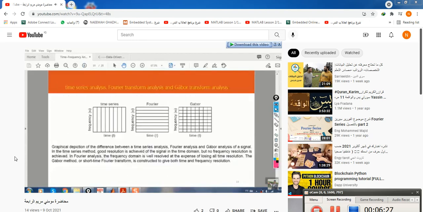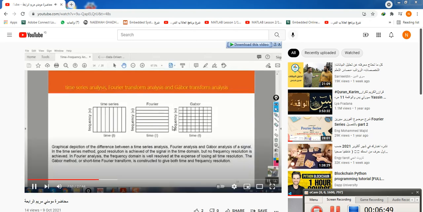And this figure also shows the schematic of temporal processing, Fourier processing, and Gabor processing. Okay.